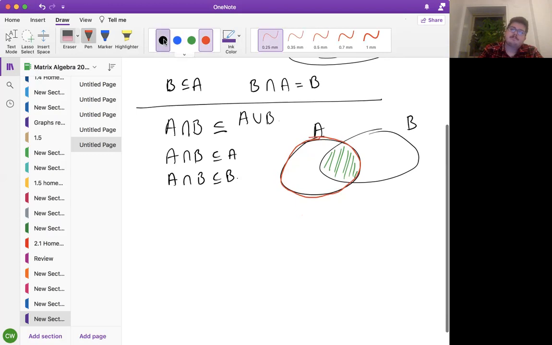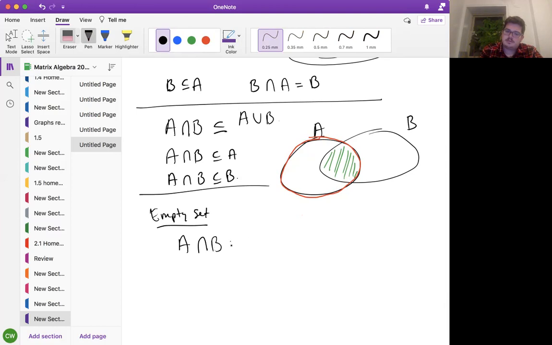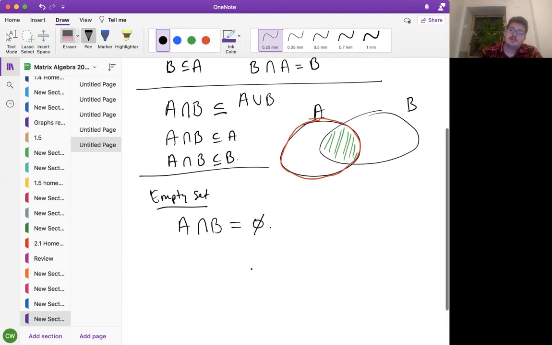So this is why the empty set is a subset of everything. If you have two disjoint sets, then this is a subset of A, subset of B, subset of A union B. So if you do that for any single set, you can always find something disjoint.